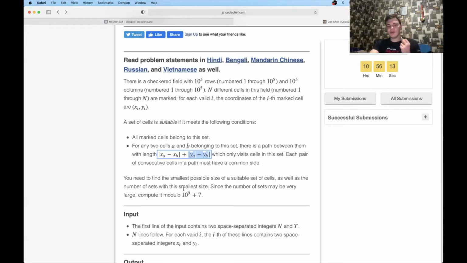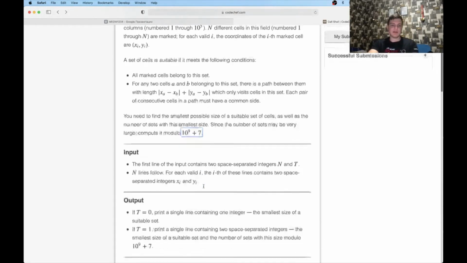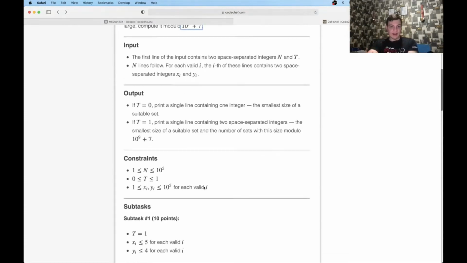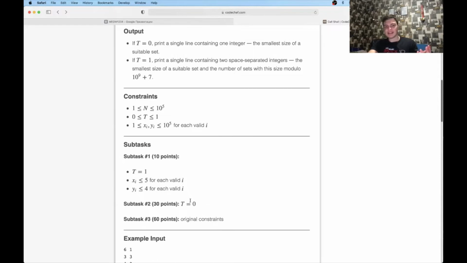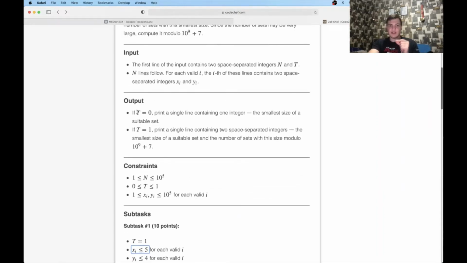And you also wanted to find the number of ways to create such a minimal set, modulo a prime, which was 10 to the 9 plus 7. There were 3 subtasks. The first subtask was very small, where you could just do some brute force. You were also given some integer t.